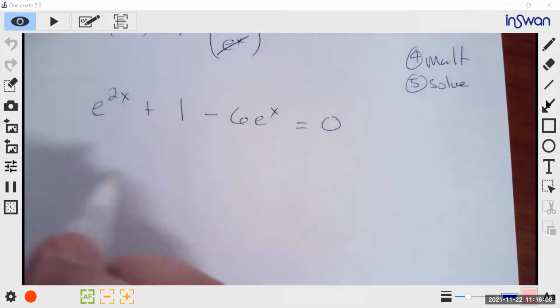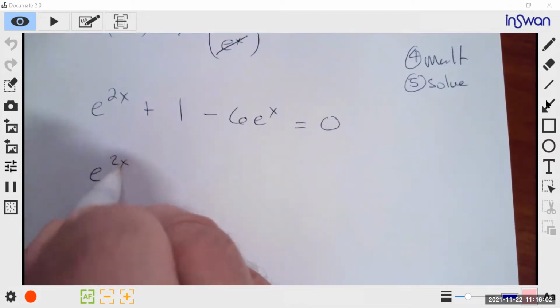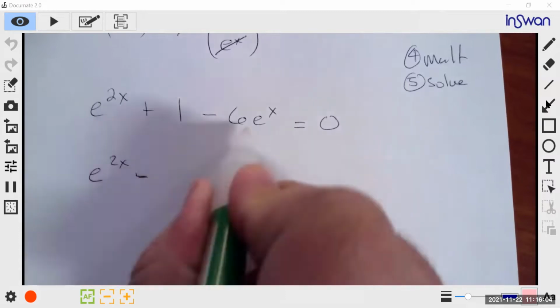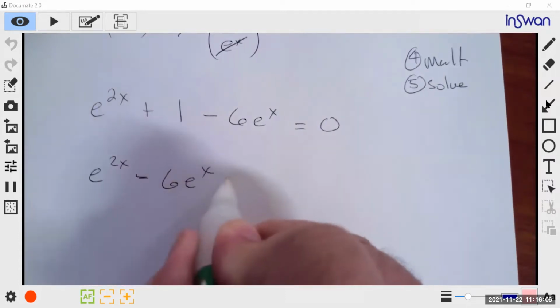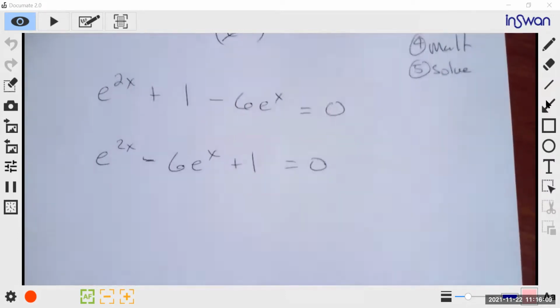Okay, let's put these in order. So we have e to the 2x minus 6 e to the x plus 1 equals 0.